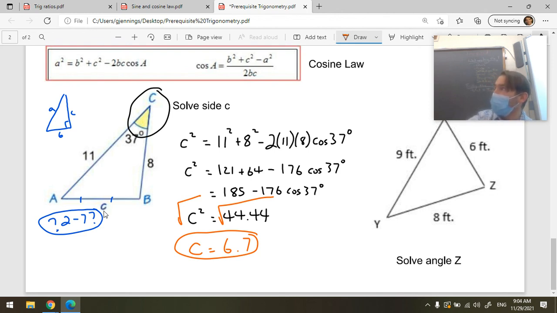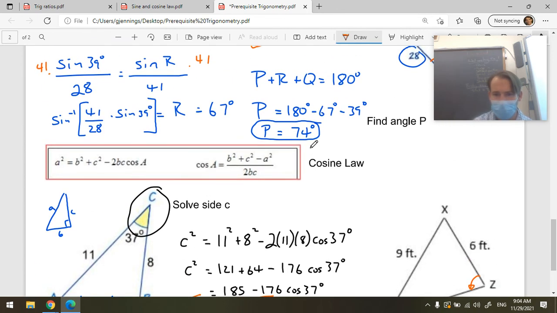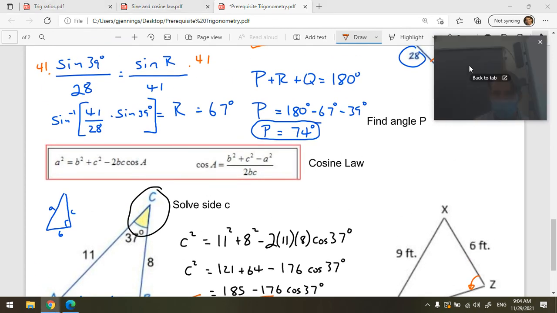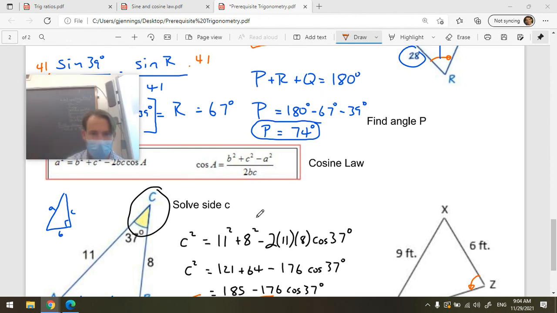And my goodness, we're going to be able to finish this lecture by break. We have one more problem to do, and that's for solving for unknown angles. If I want to solve for an unknown angle here, I would set this up this way with cosine law. I might need a bit of whiteboard, or maybe I can do this just over top of this problem. I'll just move my face over here.